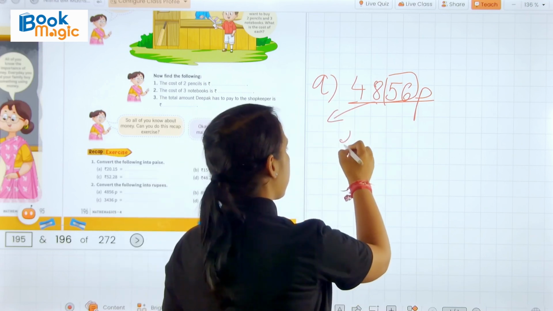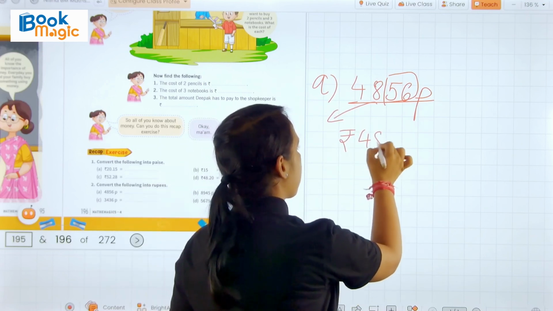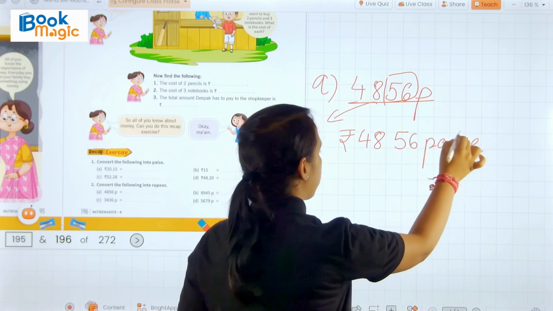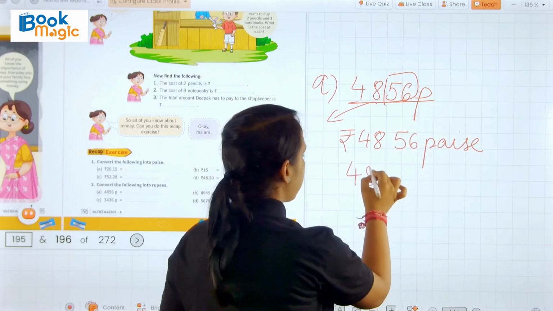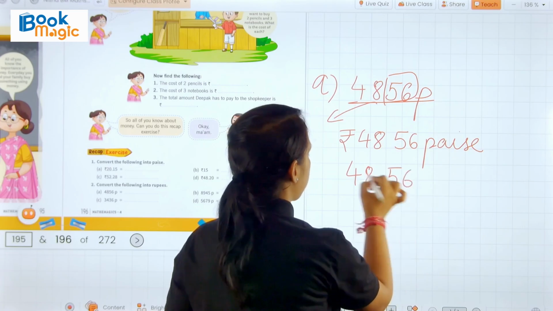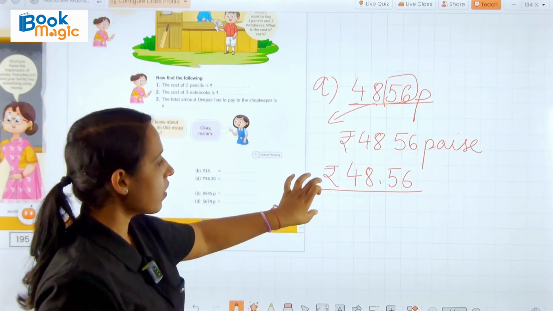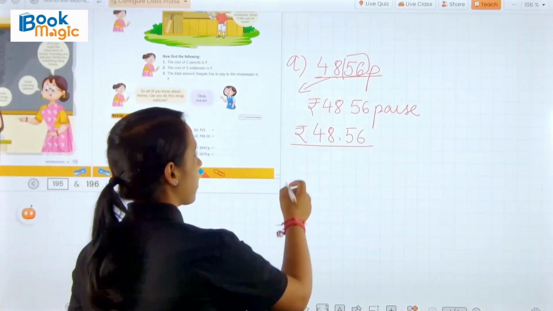So we can write 48 rupees 56 paise. That will become 48.56 rupees.